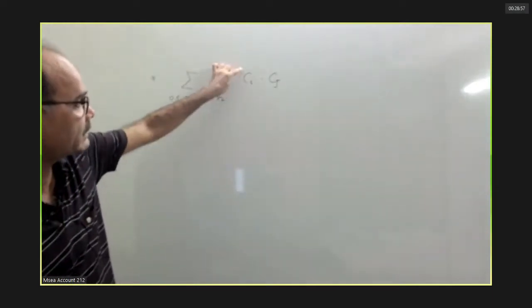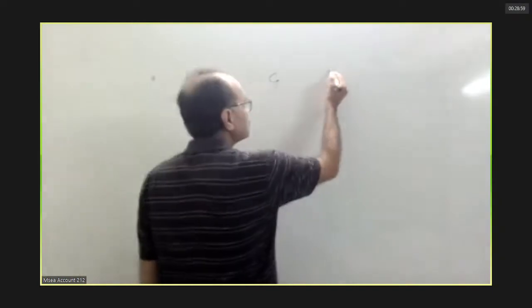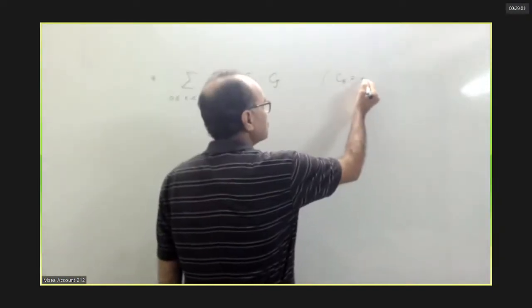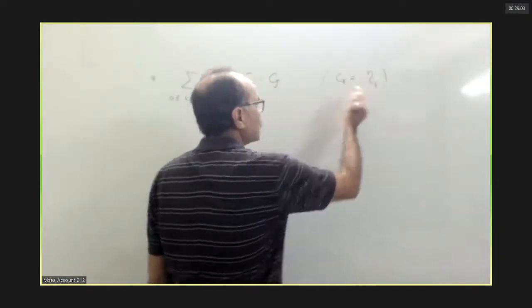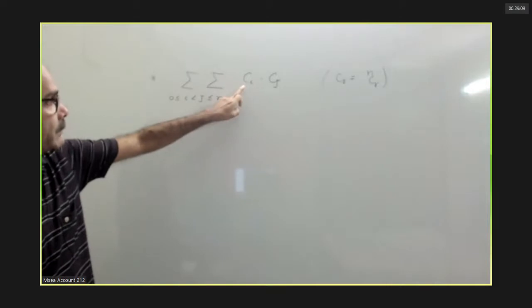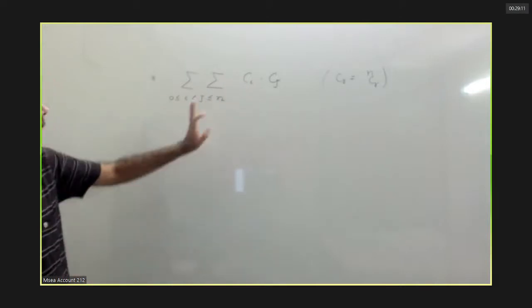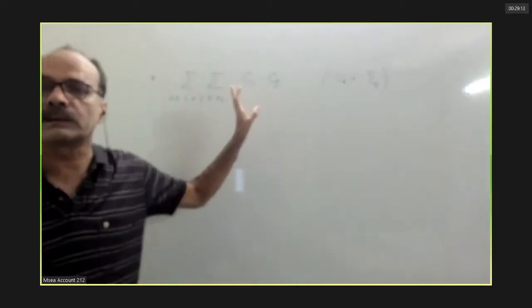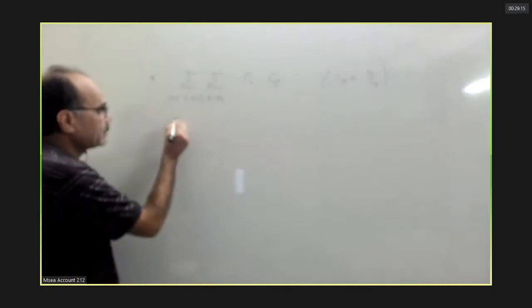Ci means NCI. CR means NCR here. Let us first see what is the meaning of this double summation. Suppose if you expand this summation, what we will get?